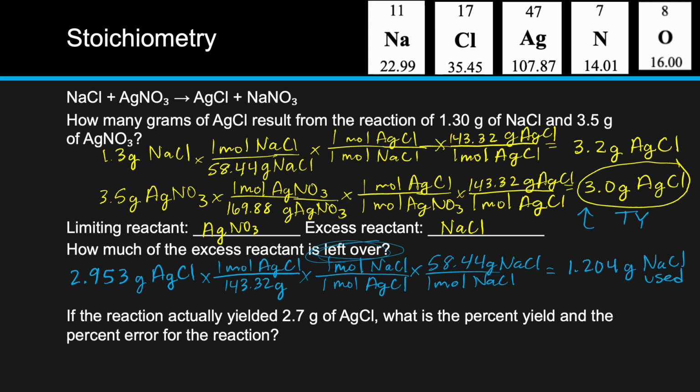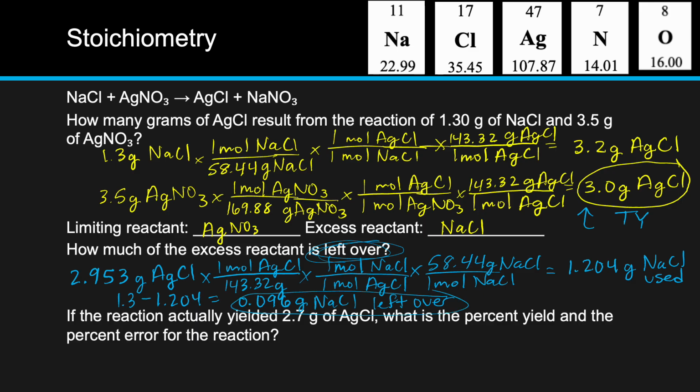So if I started with 1.3 grams and I used 1.204 grams, that means I have 0.096 grams of NaCl left over at the very end. So that would be my final answer.